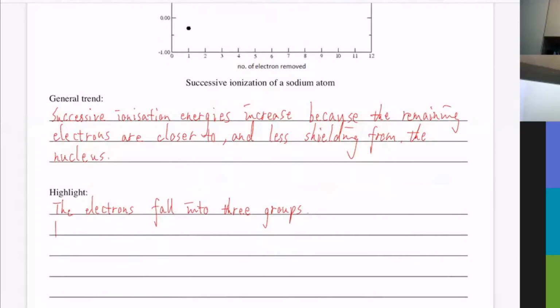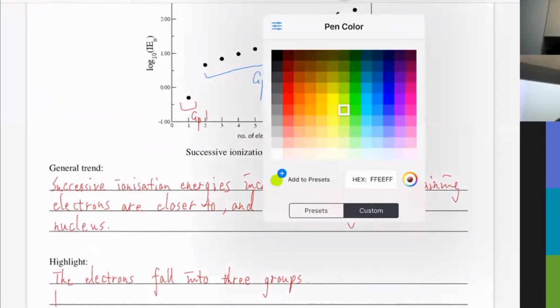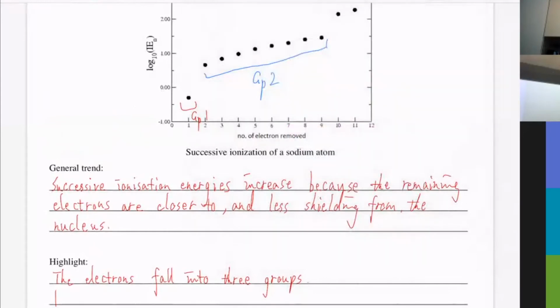So you can see in the first group, there is only one electron. That electron is in group 1, and then these 8 electrons fall into another group, group 2, and then we have a green color.